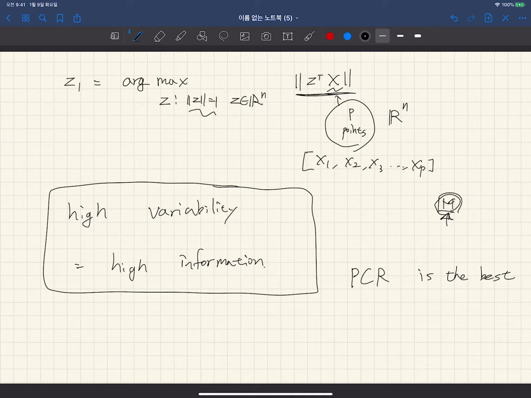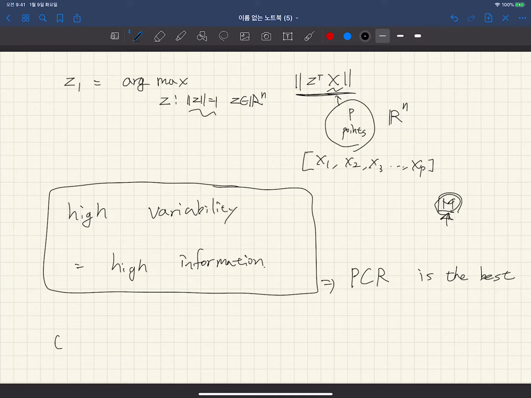Principal component regression is the best because the m vectors or m references extracted from the principal component algorithm or singular value decomposition algorithm are the best in terms of high variability. We cannot design any other algorithm that can be better than PCR.